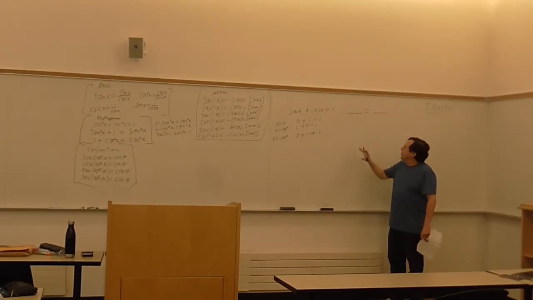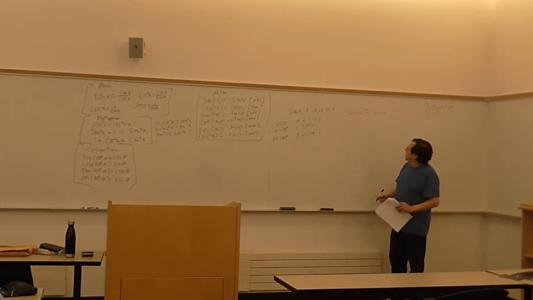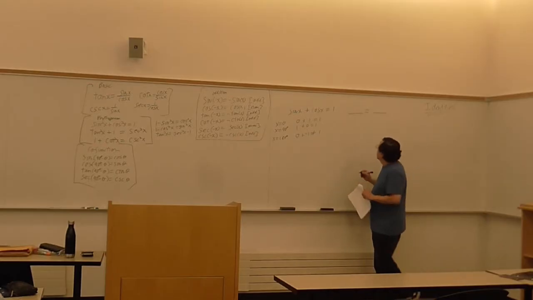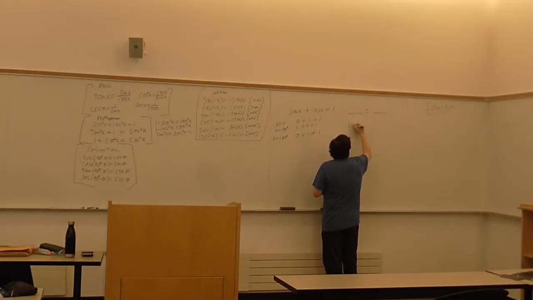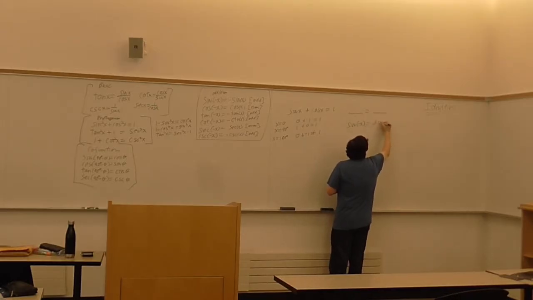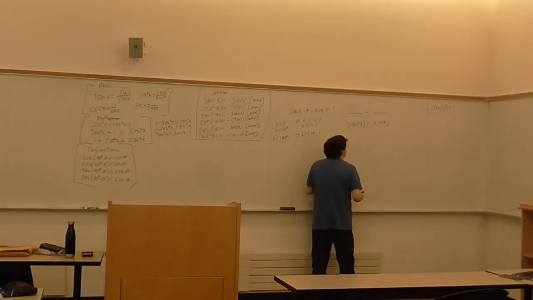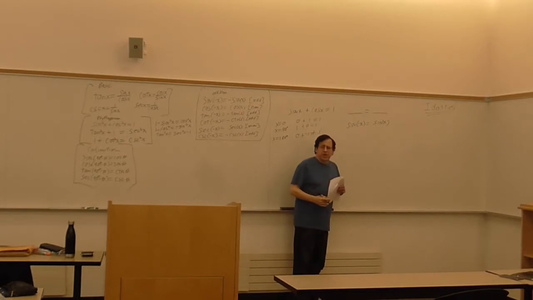So in general, it's best to try and avoid that. As an example, I could start with something like this. I could say sine of minus x equals sine of x. Now, we know that's not true.